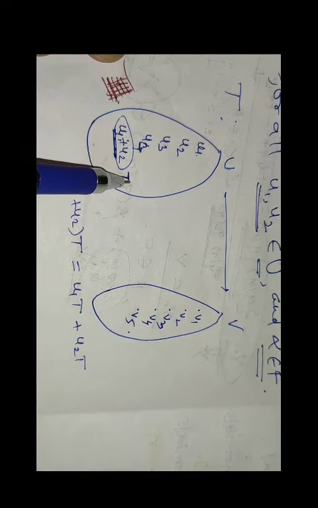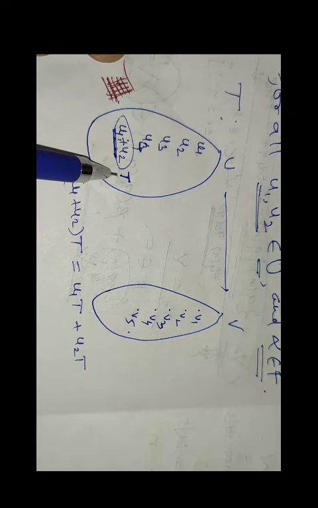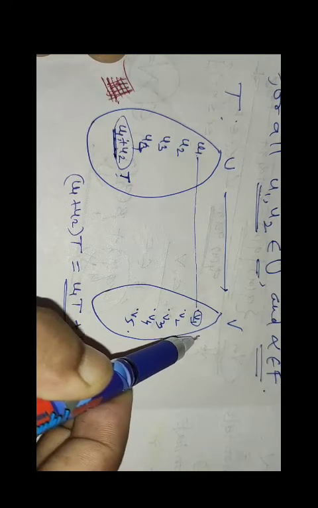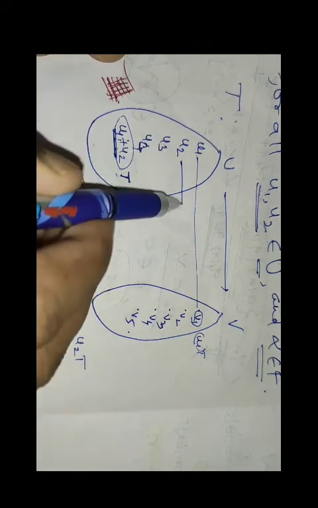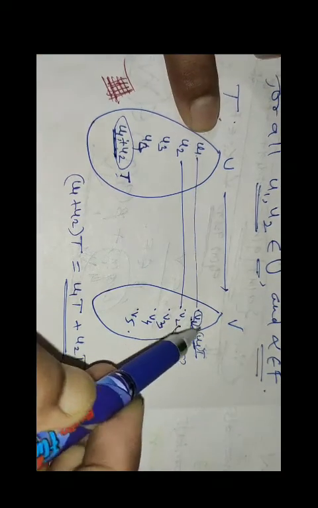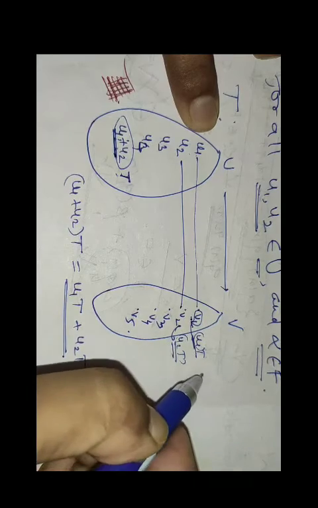So if we take the image of this u1 plus u2, it is equal to the image of u1 plus the image of u2. The image of u1 is u1T, which is v1, and the image of u2 is u2T, which is v2. These are elements of V, therefore we indicate them as v1 and v2. That means u1T is equal to v1, the image of u1 is v1.